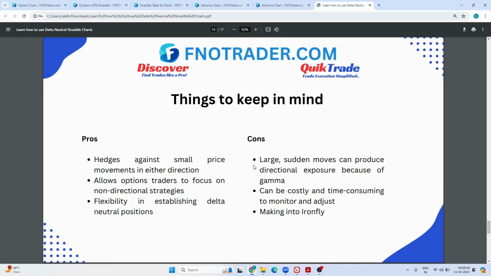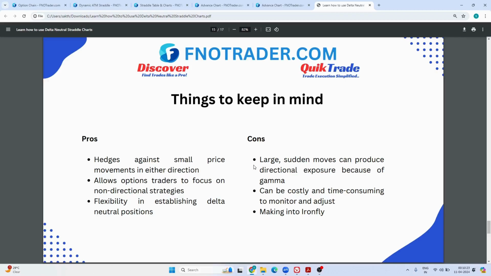So that's what we actually did on the delta neutral straddle. Then flexibility in establishing delta neutral positions is easier. You are able to trade your volatility, or people call them vol traders, short vol traders. Basically they are trading the volatility.